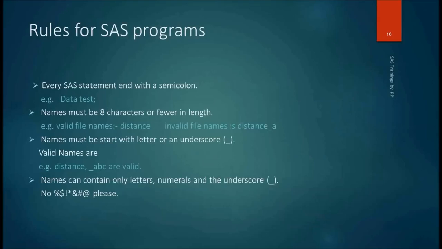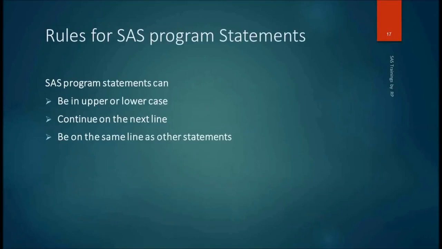So you cannot start your variable name or format or informat name with a numeric or special character. A name can contain only letters, numbers and underscores, but no special characters are allowed in SAS names.